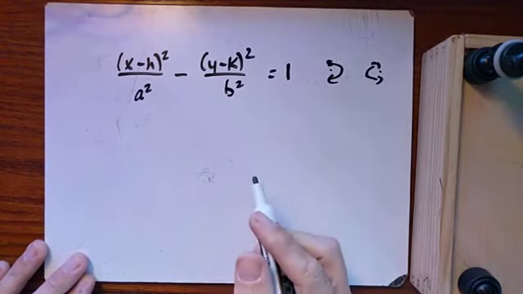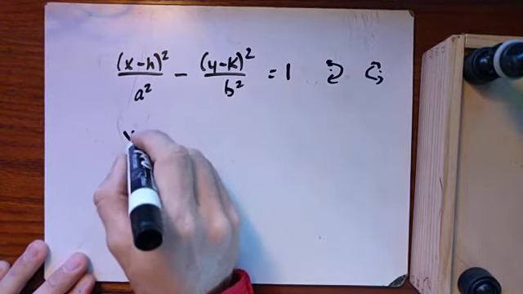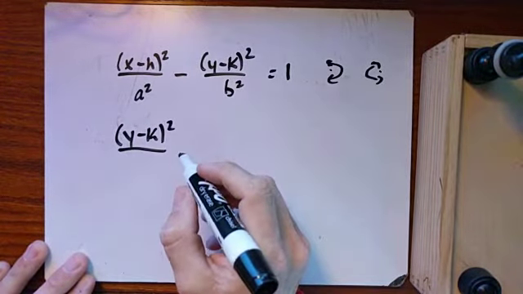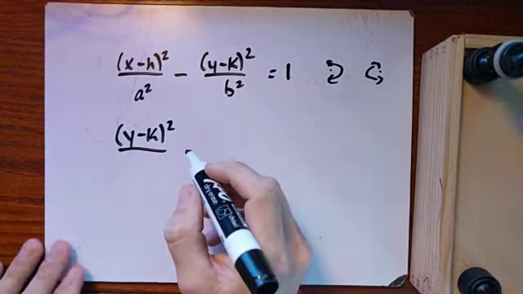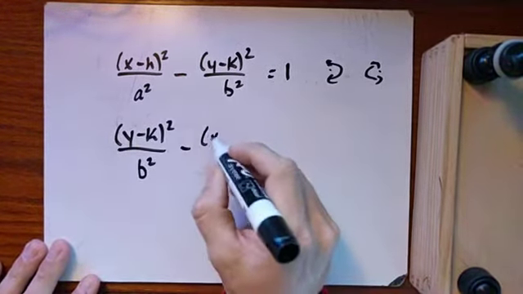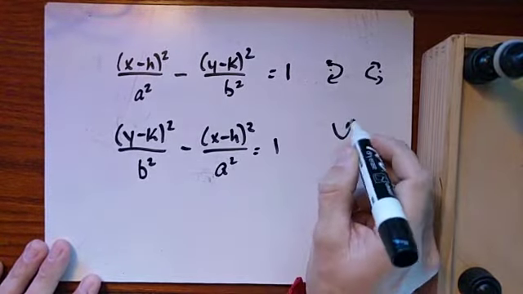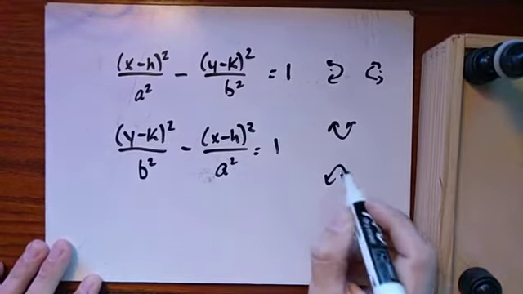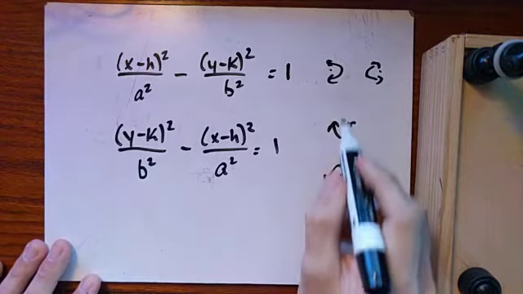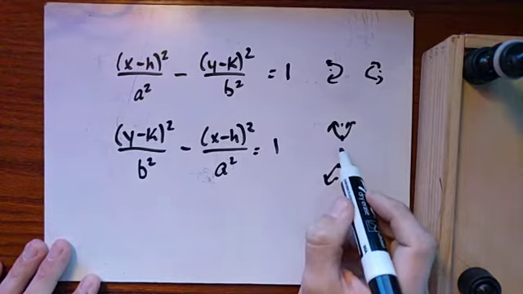We'll talk more about foci in a moment, but if we have the y part first and then the x part, like this, then there's a top and bottom, and the foci are up here, right? So the major axis or the transverse axis, these are the vertices, and this is the center.